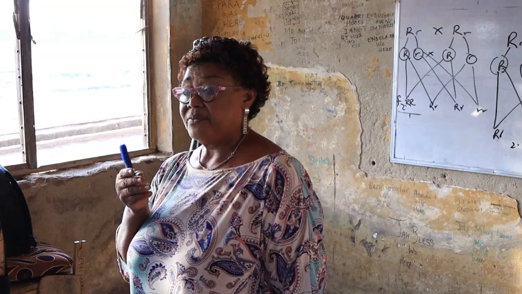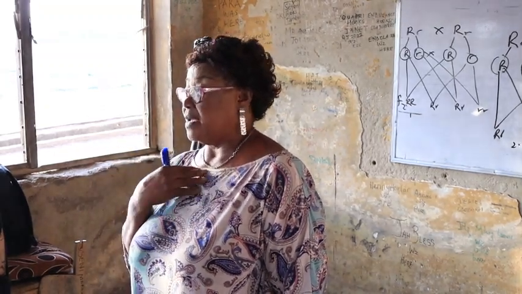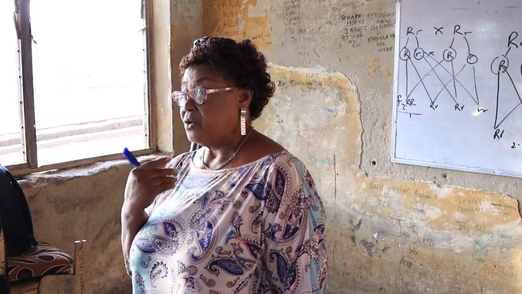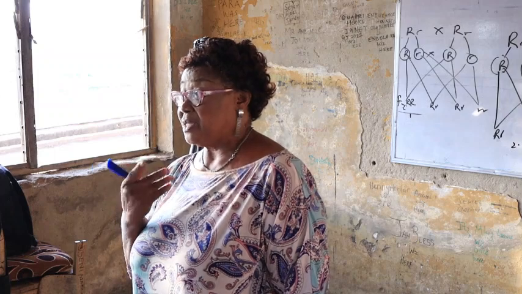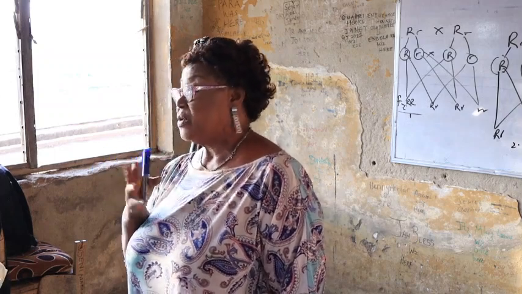Most of the time, you see some men telling the wife, it's only female that you are giving birth to. So maybe you can look for a female that will give birth to male.